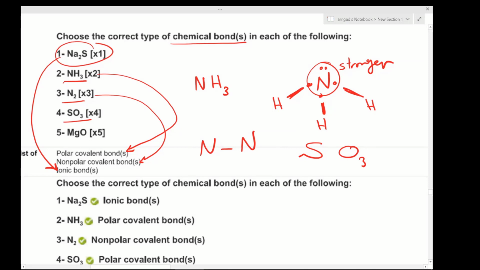Polar or non-polar? Polar, because oxygen is the strongest after fluorine. Oxygen is very, very strong, so it's polar. MgO, magnesium with oxygen. Ionic.